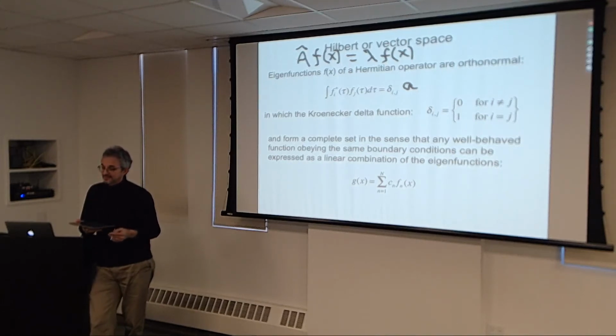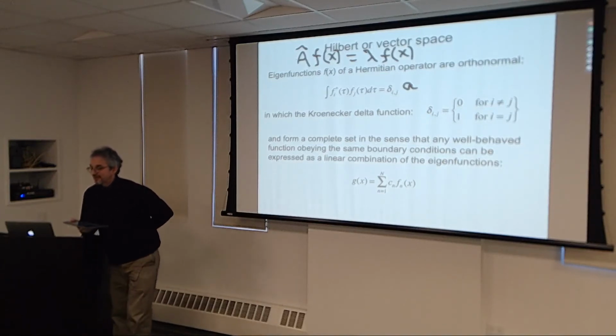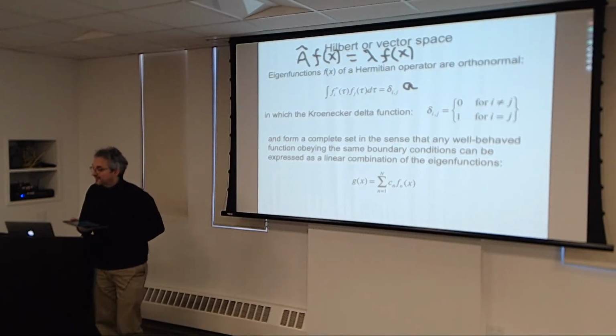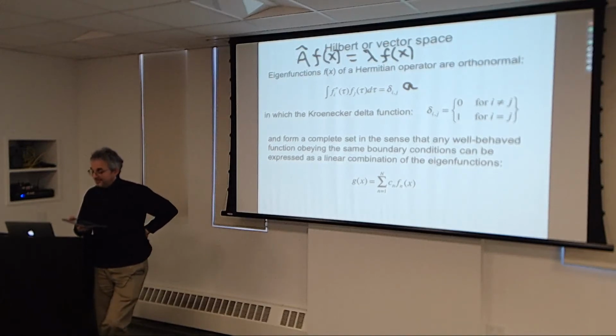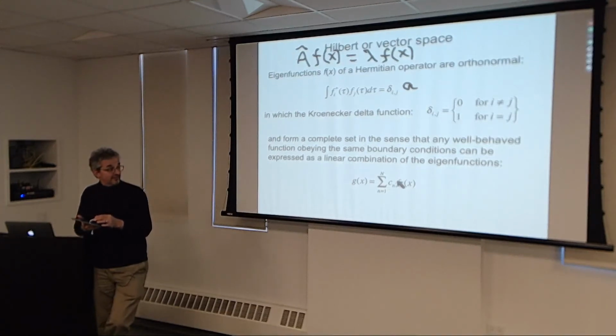That means if we solve the eigenvalue problem for some operator over some allowed range of values for the parameter x in this case, although there may be more than one variable, and we have a set of eigenfunctions, then completeness means that any function that can be defined in that same space of variables can be written as a linear combination of the eigenfunctions times some constant.